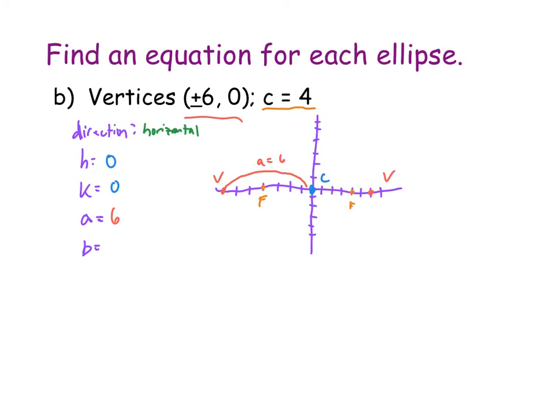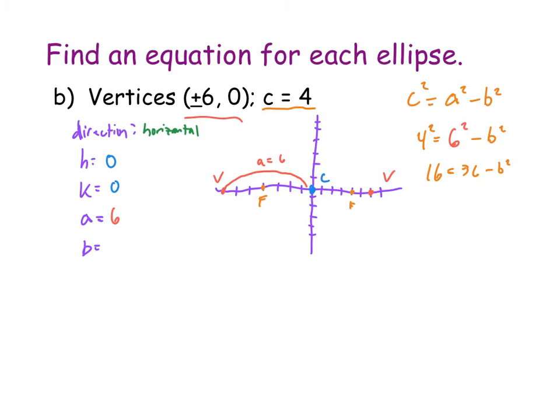But what we really need is that equation, that c squared equals a squared minus b squared. And then since we know c and a, we can figure out what b is. So 4 squared equals 6 squared minus b squared. So 16 equals 36 minus b squared.